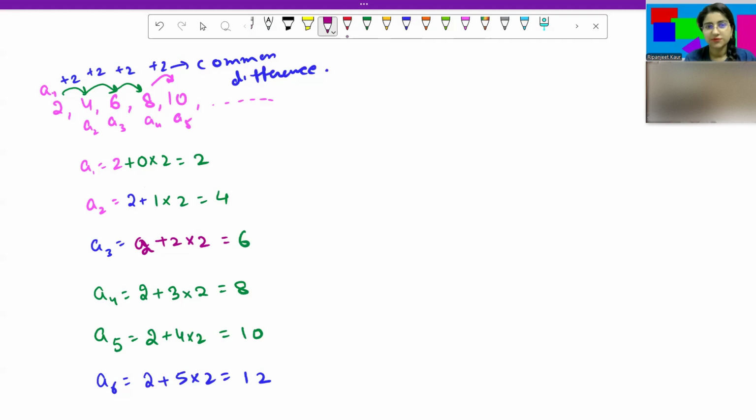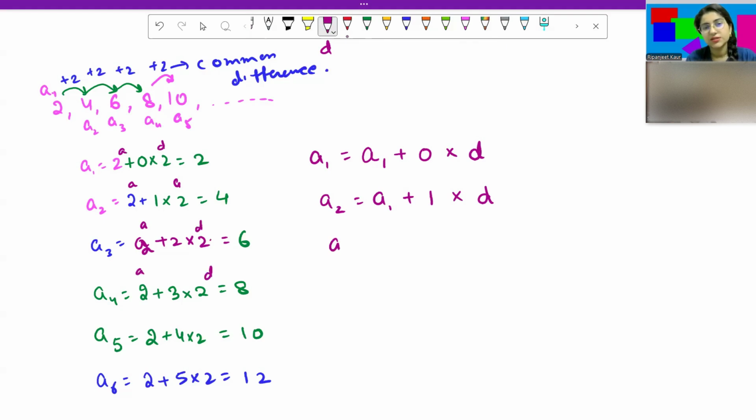Perfect. If we look at all of them, first term, we just took here the first term plus 0 multiplied by the common difference. Let me call it D. For the second term also, we had the first term, then there was 1 times the common difference, right? This is A, this is D. A and D are remaining same, right?